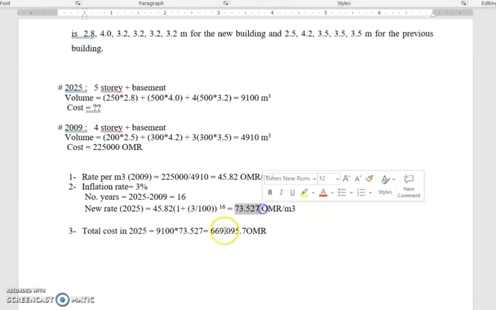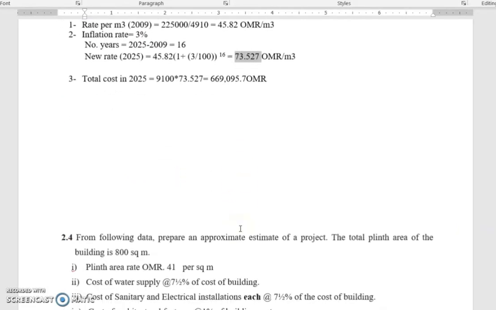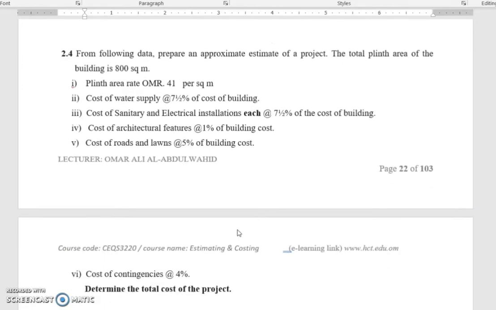We'll get this rate for 2025. So this rate for 2025 will be multiplied by the volume of this building in year 2025. We will get this cost. Okay, so let's go to the final question for this part in our class.